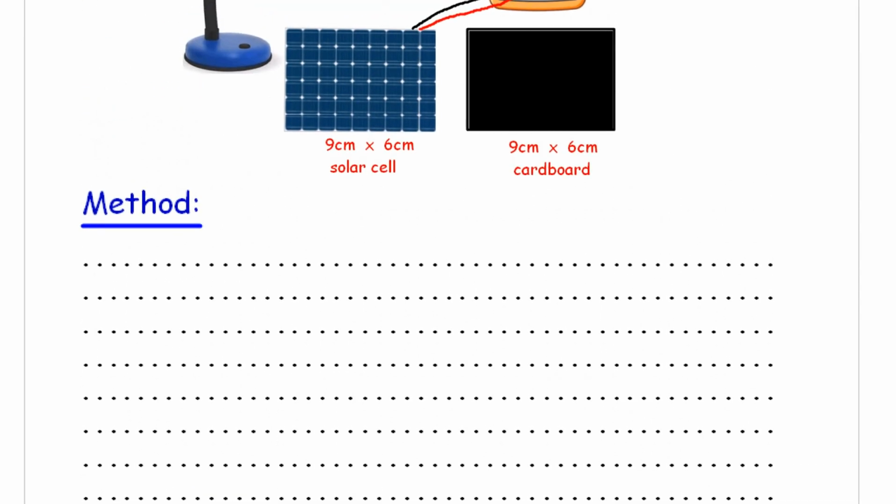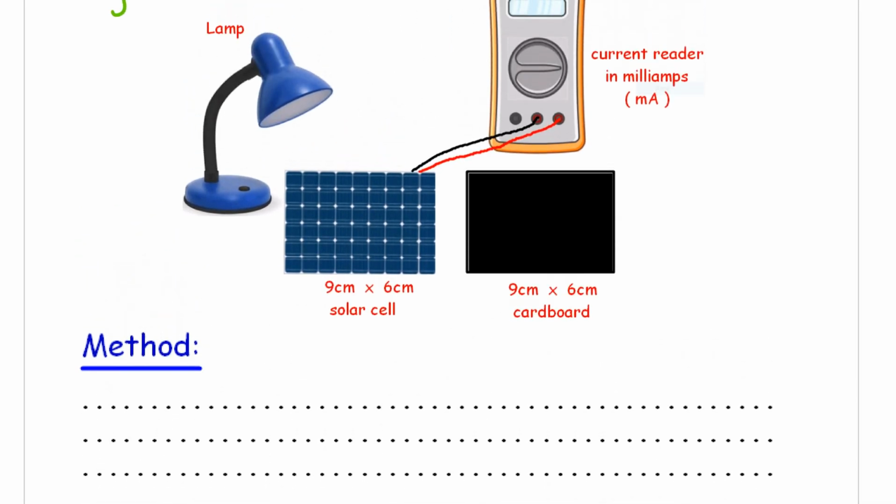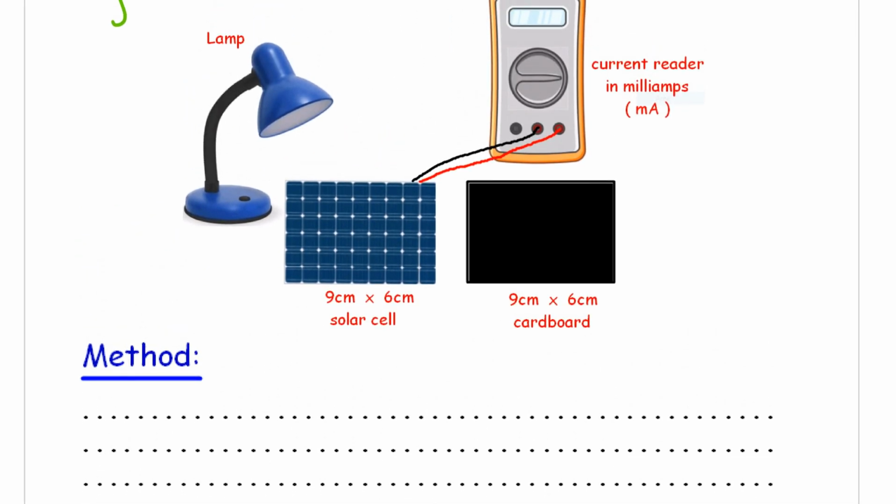Let's go back now to the method. If you've got a completely free solar cell, 9 times 6 is 54.